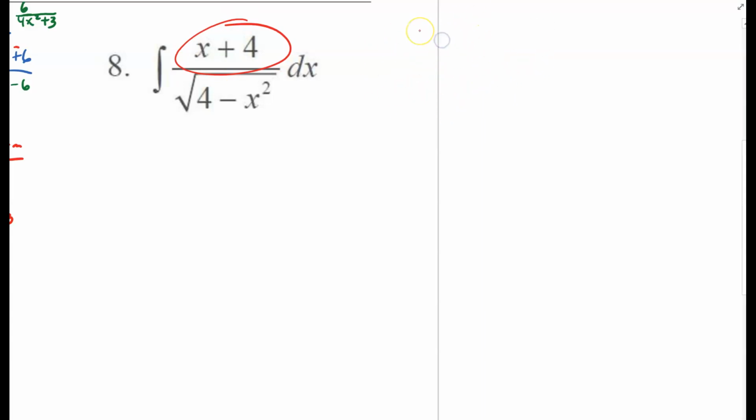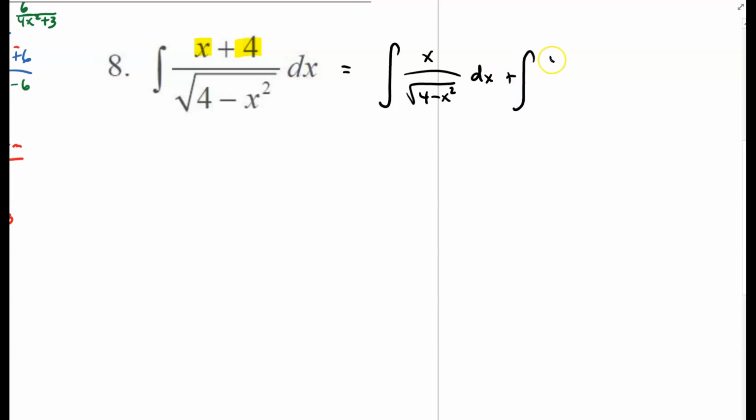Well, one trick that we can do: I want you to see that you have two terms in your numerator. And when you have two terms in your numerator, you can split your integrand. So this is going to be the integral of x over the square root of 4 minus x squared dx plus the integral of 4 over the square root of 4 minus x squared dx.